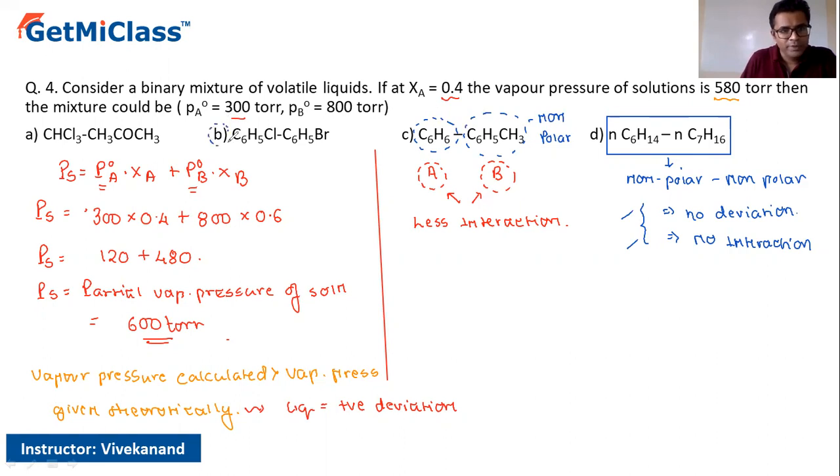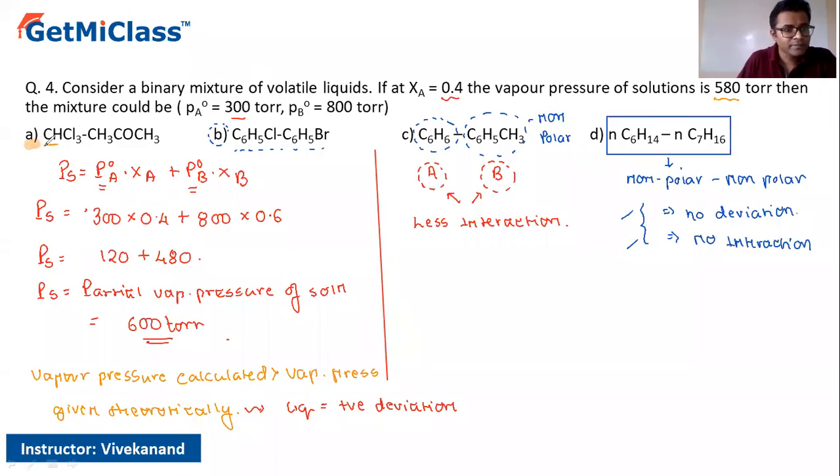Option B over here. Now, in the B case, it is chlorobenzene and bromobenzene. Both of them are almost identical in aspects. So therefore, again, these are going to show us no deviations. What shows the deviation is, of course, going to be option A, right?